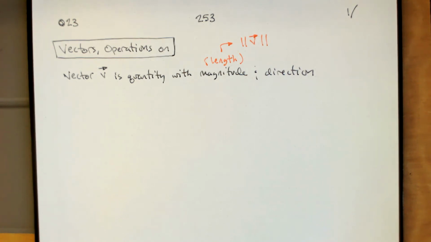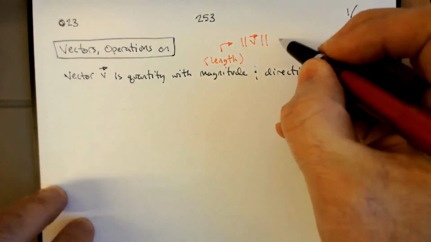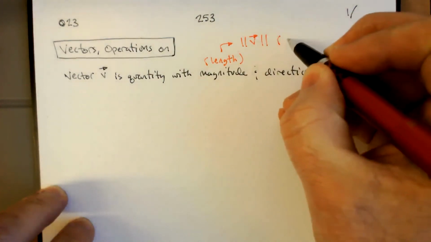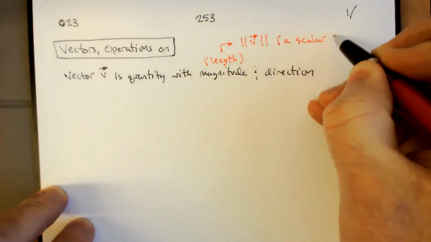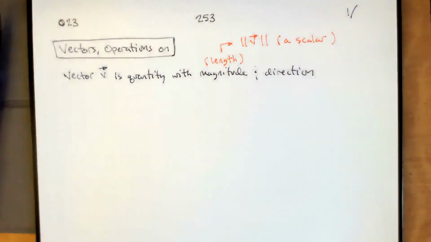And so the double absolute value signs is the symbol that we use to indicate the norm of something. In this case, it's going to be the norm of a vector. The norm of a vector is just its length. So that's the symbol for the length of a vector. Remember that the length of a vector doesn't have any direction, it's just a scalar. It's just magnitude.